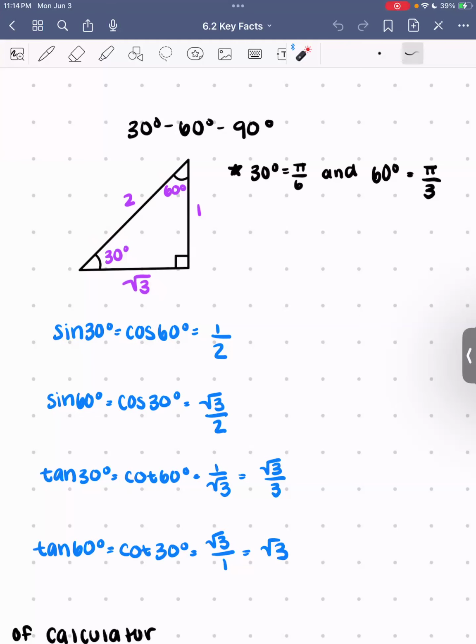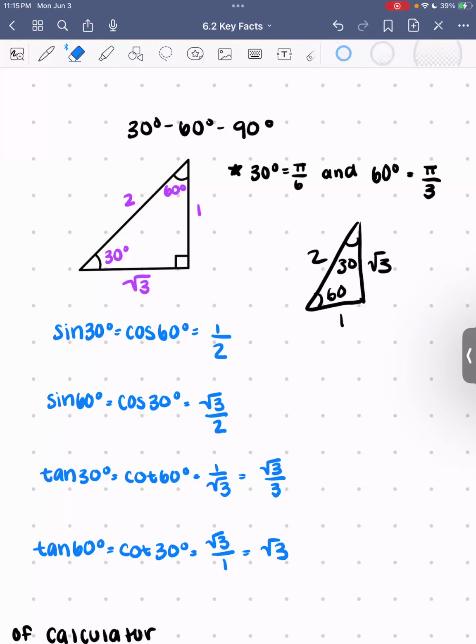And what I mean by that, and the way I typically like to memorize this triangle, is that the square root 3 always has to be adjacent to the 30 degree. So I can just show you what I mean. For example, if you were to draw this out right here, you can put 30 degrees there and 60 degrees here, but then the square root 3 is here, and the 2 will always be the hypotenuse.